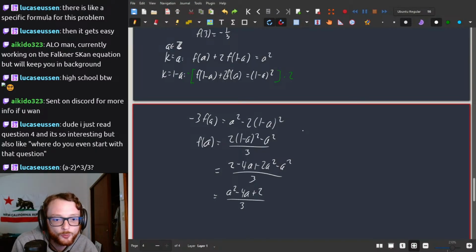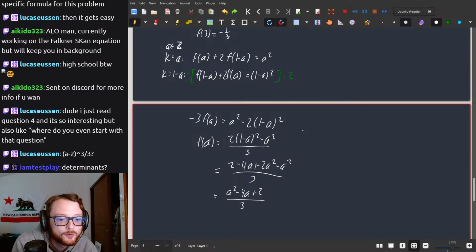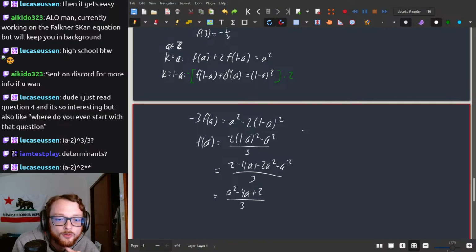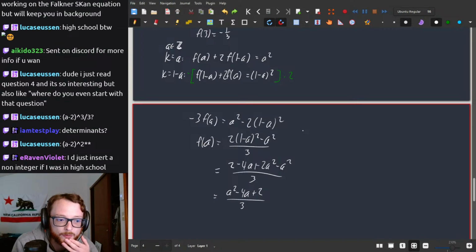A minus 2 cubed over 3? Why cubed? Determinants? I'm not sure how you use determinants, but maybe you can. A minus 2 squared? That's not how this factors. It just doesn't factor. Well, what does the quadratic formula tell us?